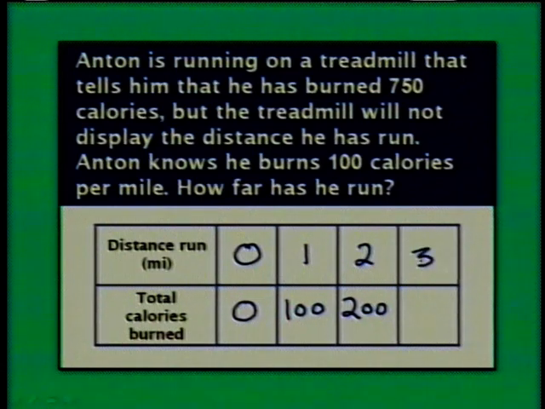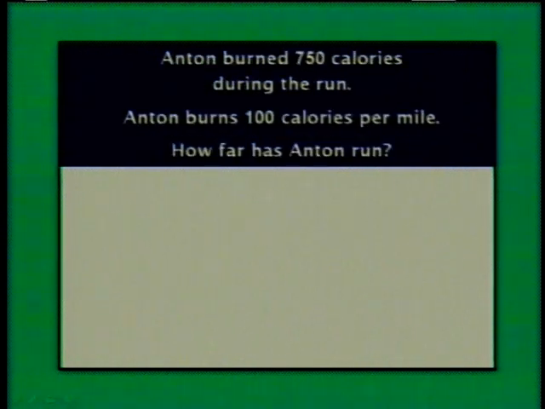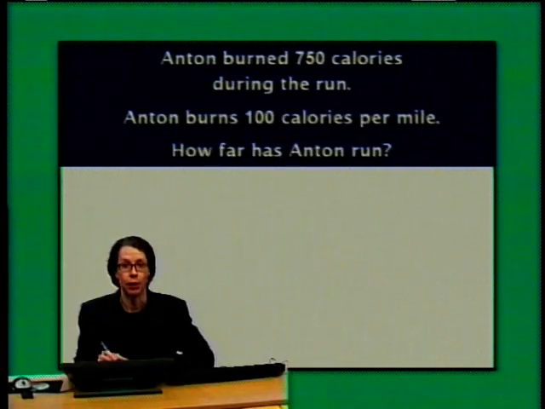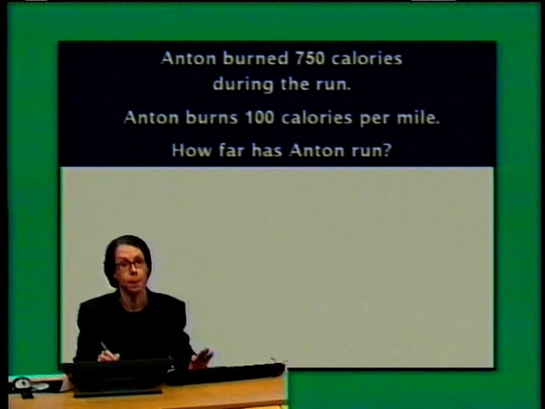If he runs 3 miles, he'll burn 300 calories. So we can see that it's very easy to calculate the total calories burned. We take the distance Anton has run and we multiply it by 100 calories per mile. So I've summarized this information that we need from the problem to answer the question, how far has Anton run?